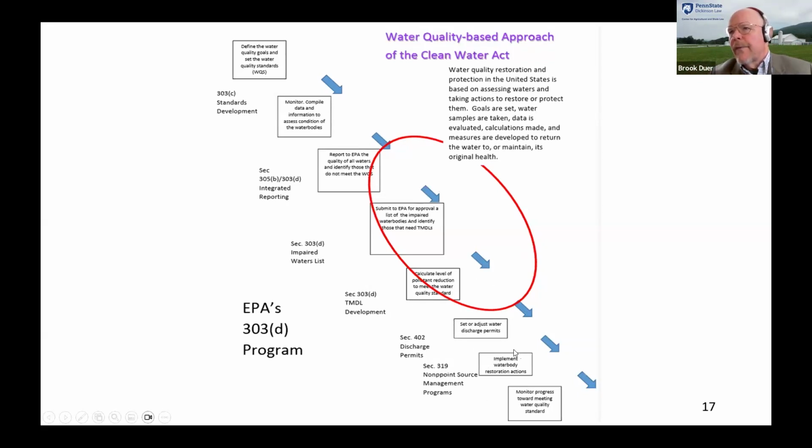Then you do some non-point. This is where the tricky stuff starts. Implementing water body restoration actions is what this box says down here, and that's for the non-point source people, or I shouldn't say people, because non-point sources is all of us. It's a collective. There aren't individuals necessarily responsible for the non-point source.